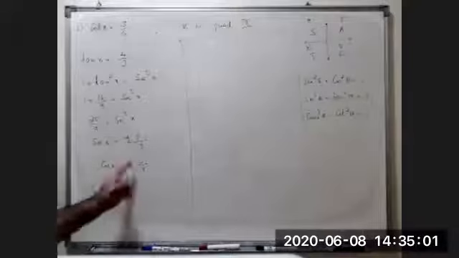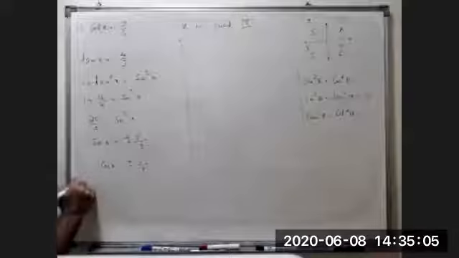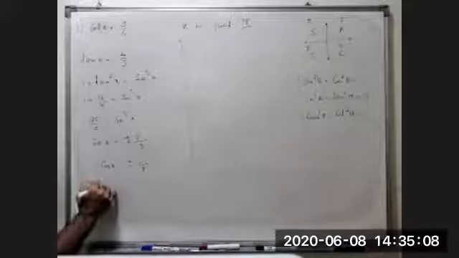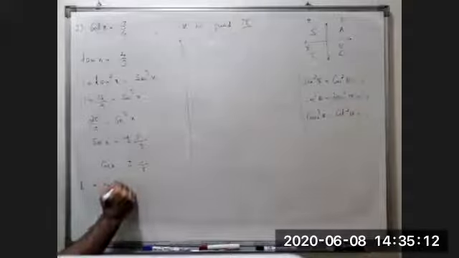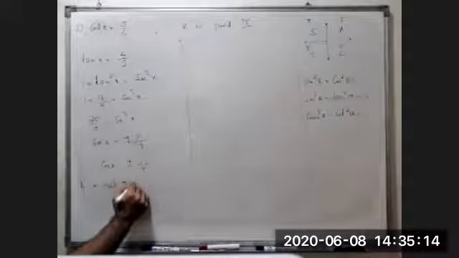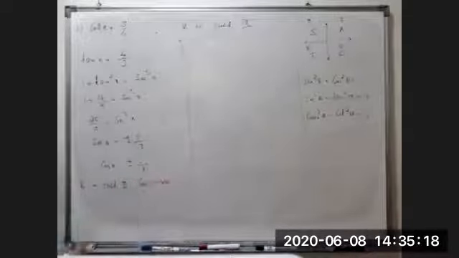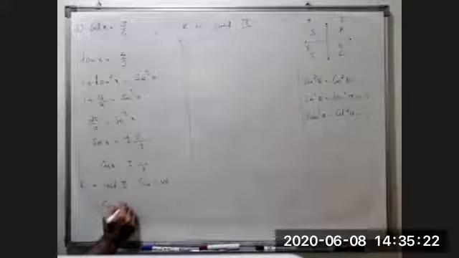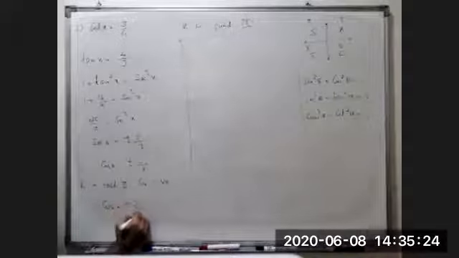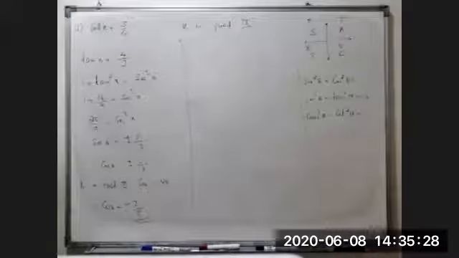Now we have to fix the sign. X is in which quadrant? X is in quadrant 3. Cos is negative. Therefore cos x is minus 3 by 5. We got cos x.